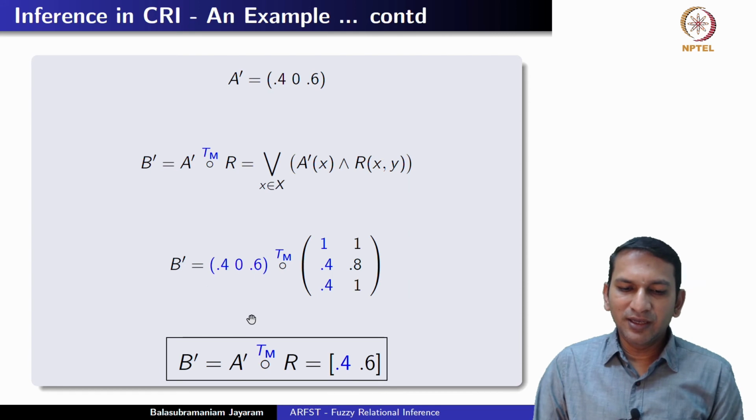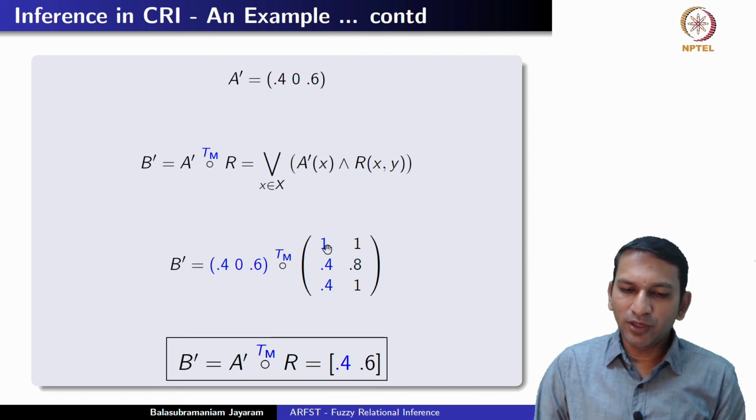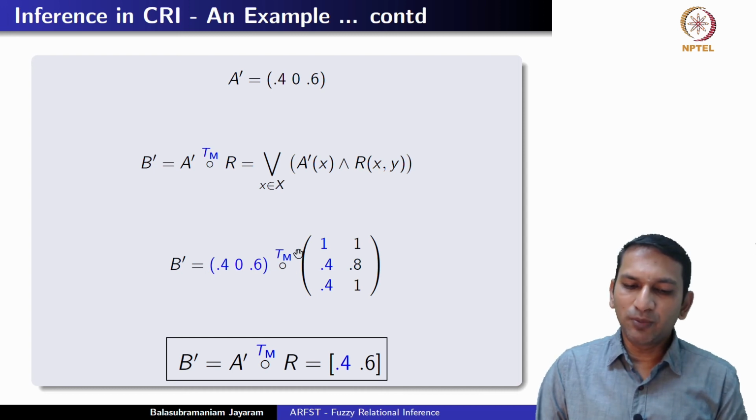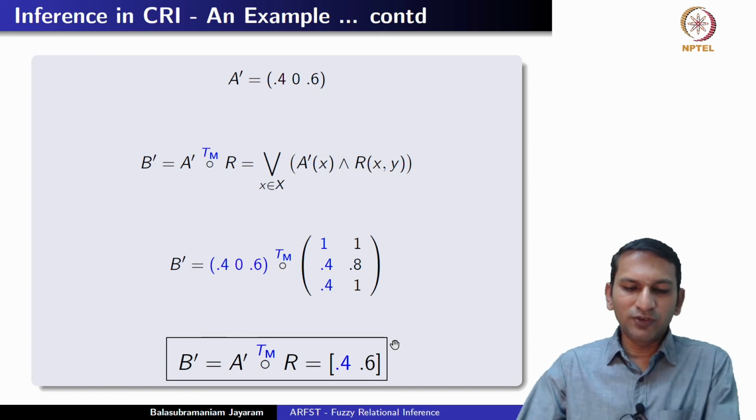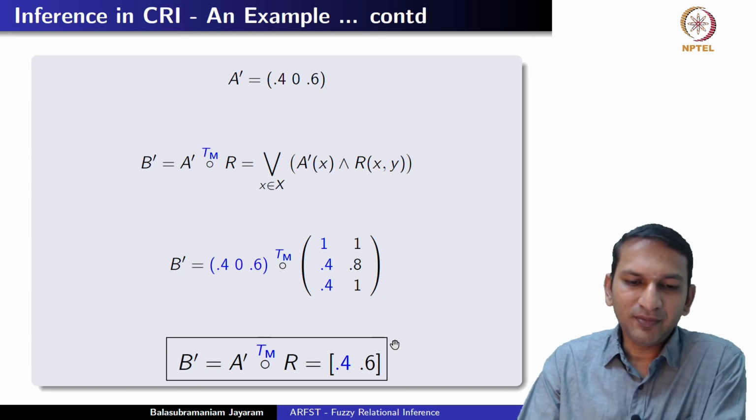So if you look at it here, minimum of 0.4 and 1 is 0.4, 0 and 0.4 is 0, 0.6 and 0.4 is 0.4. So we need to take the maximum among these obtained ones. We obtain 0.4, 0 or 0.4, so the maximum is 0.4. Once again, you see here, minimum of 0.4 and 1 is 0.4, 0 and 0.8 is 0, 0.6 and 1 is 0.6. So the maximum of 0.4, 0 and 0.6 is 0.6, and that's how we have obtained this output.